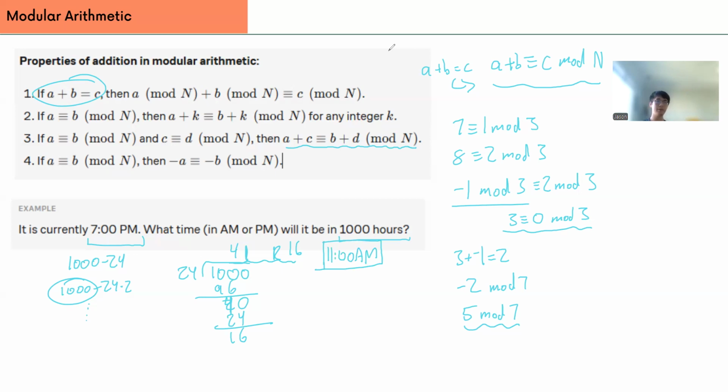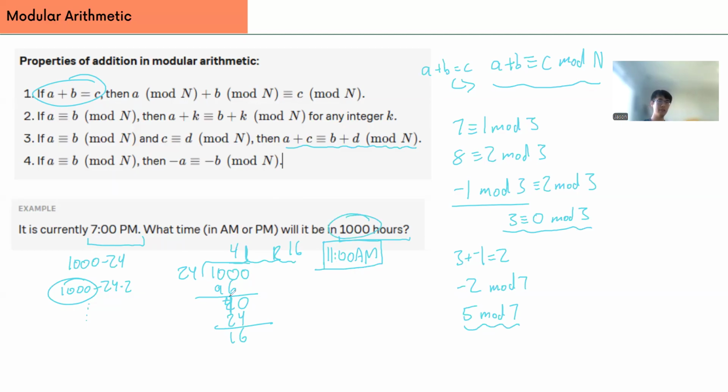Okay. So the second way that we can do this problem is using modular arithmetic, and here's what this looks like. First, we express every single hour mod 24. Why mod 24? Because we just want the remainder when this is divided by 24.